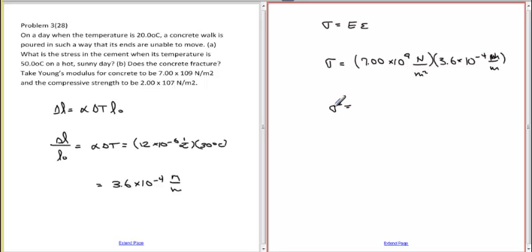The stress has the same units as Young's modulus. So 7 times 10 to the 9th times 3.6 e to the minus 4, and I get 2.5 times 10 to the 6 newtons per meter squared.